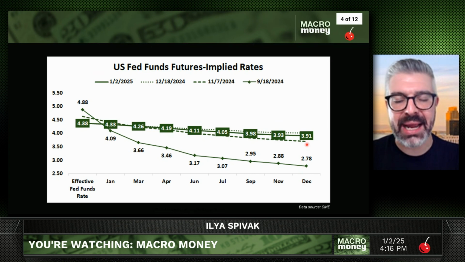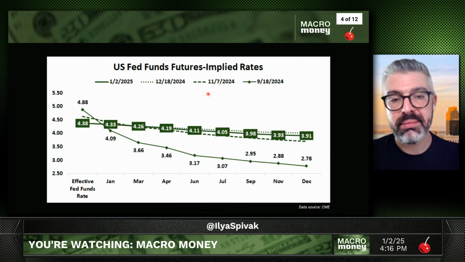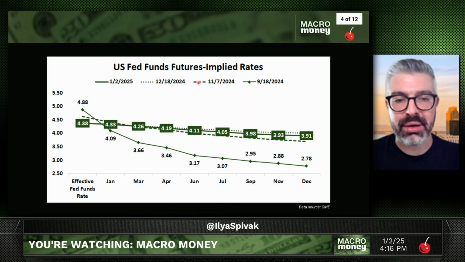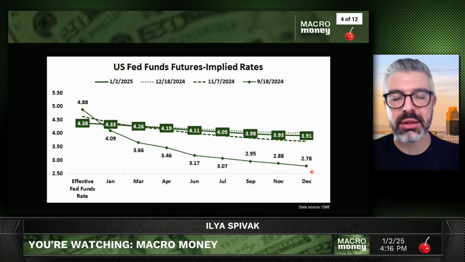Already by the time we got to November, so barely 2.5, 3 weeks later, we had this massive adjustment by almost 100 basis points, almost 4 rate cuts' worth, where it looked like we're going to be closer to 3.8 than 2.8 by the end of the year.